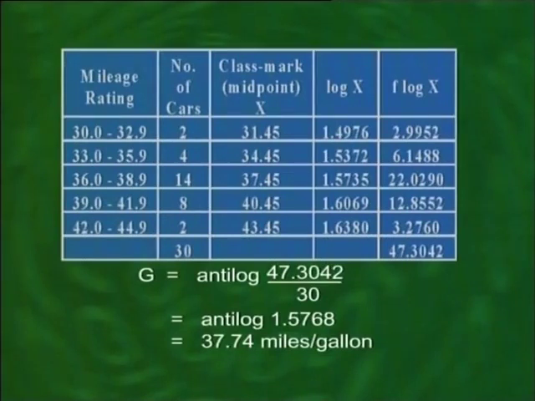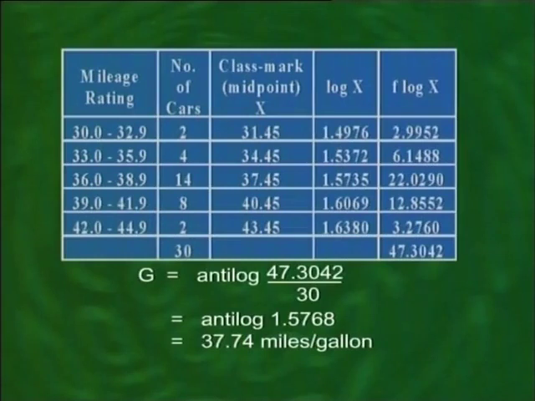And now, in order to compute the geometric mean, we have to take the logarithm of each one of these x values and multiply that logarithm by the corresponding frequency. So, in this manner, we obtain the last column that you now see on the screen, and the sum of this column comes out to be 47.3042.